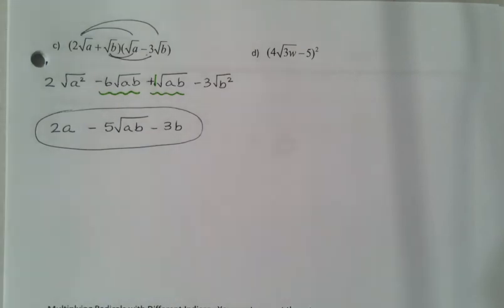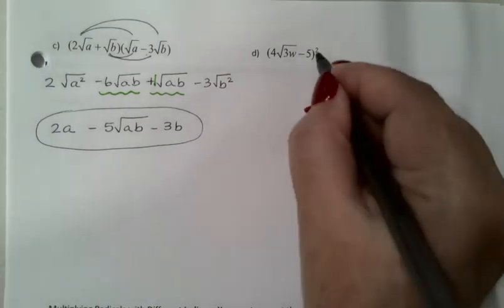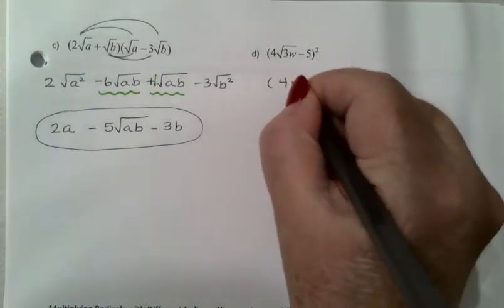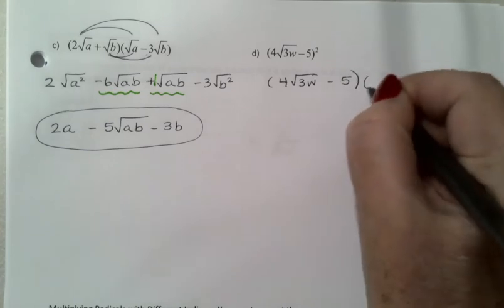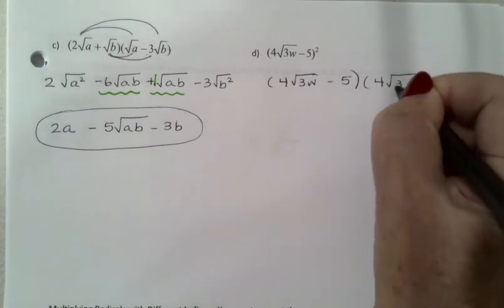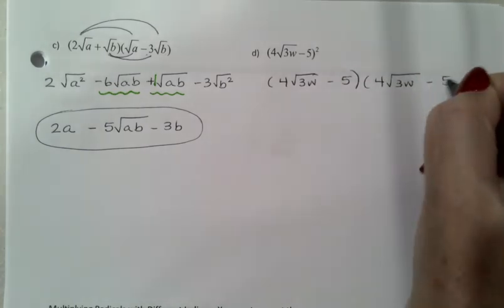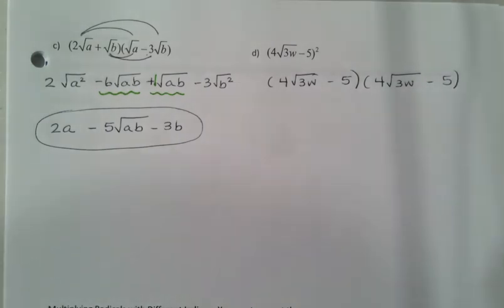D is basically the same process. Remember that when you square something, it just means to multiply it by itself. So if I write it out that way, that just becomes two distributive laws, or FOIL again.